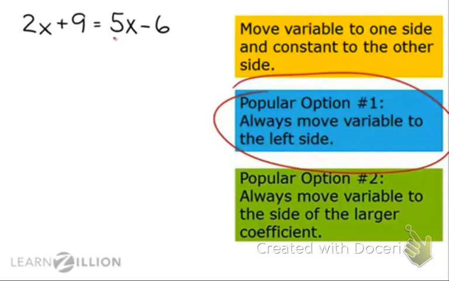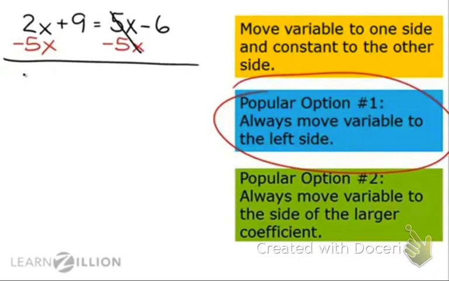I'm going to use inverse operations. The inverse operation of 5x is minus 5x. And I'm going to put it over with the 2x because they're like terms. Again, when you add and subtract, you can only combine like terms. So we're going to cancel these out over here. And then we get 2x minus 5x is negative 3x. Bring down the 9. Plus 9 equals negative 6.